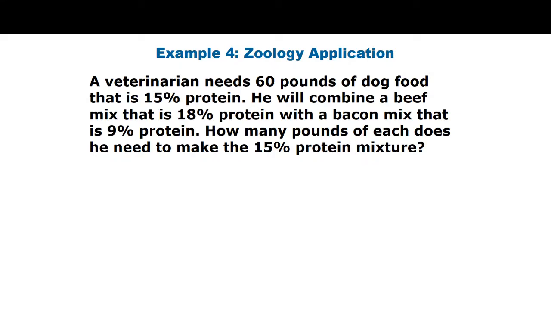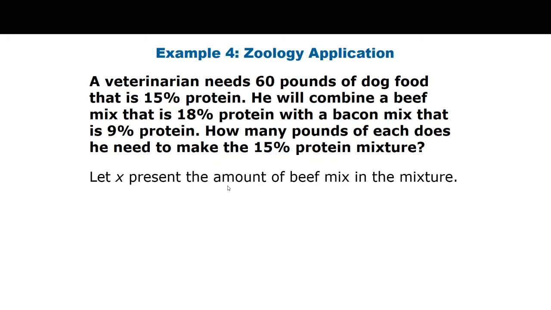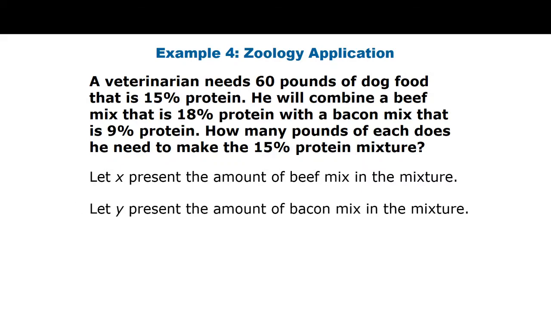All right, so let's talk about what we're going to do here. First of all, we're going to need to make two equations, okay? For the first one, we're going to let x equal the amount of beef in the mixture, and we're going to let y represent the amount of bacon in the mixture.